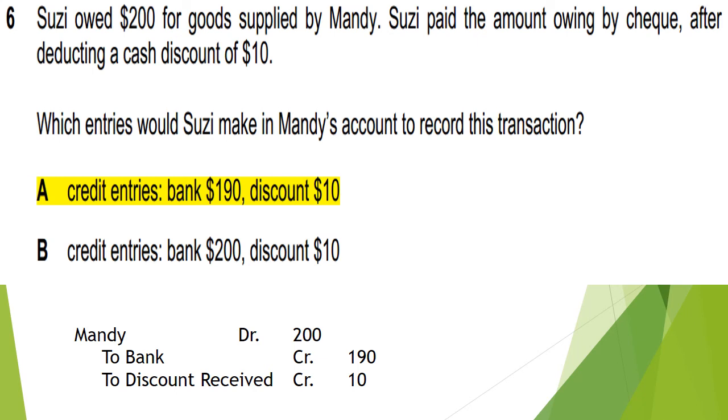So when she pays this liability, the liability will be debited, decreasing it, and bank will be credited because she is paying, and discount received is also credited because this is her income.